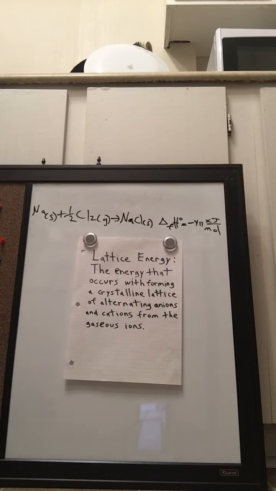So here, as you can see, lattice energy is the energy that occurs when forming a crystalline lattice of alternating anions and cations from the gaseous ions. When the lattice forms, energy is emitted as heat, making the reaction exothermic.